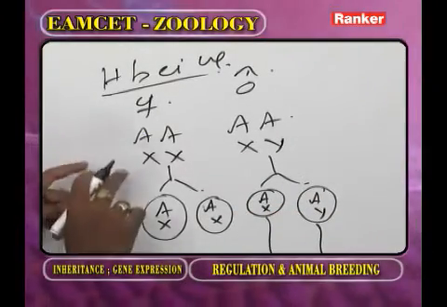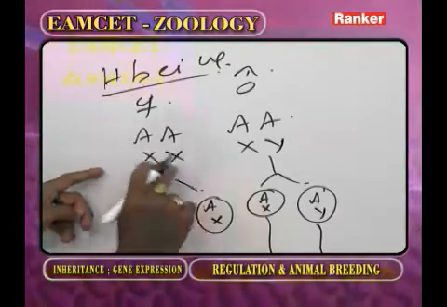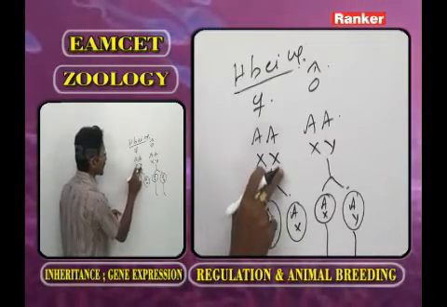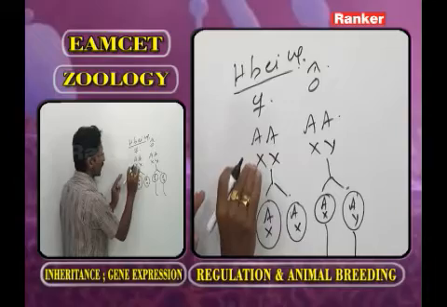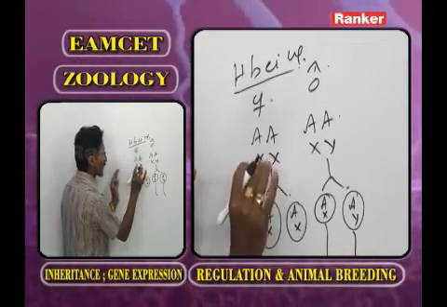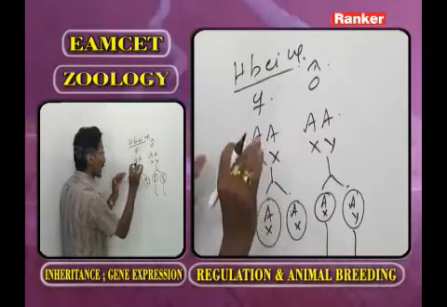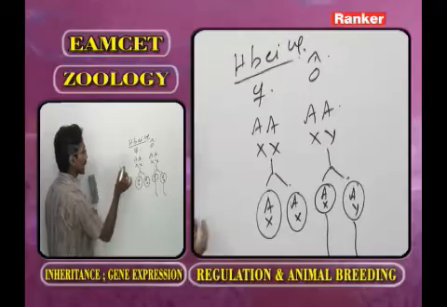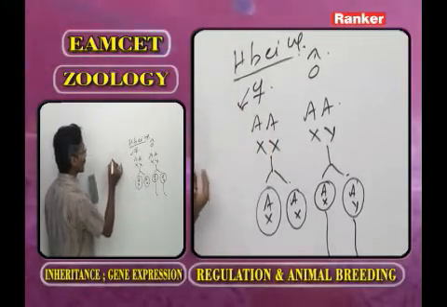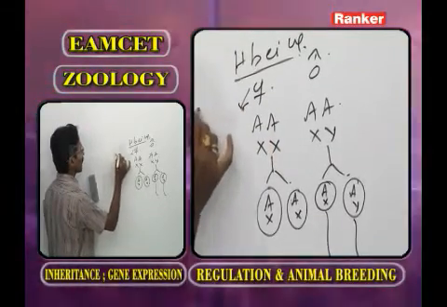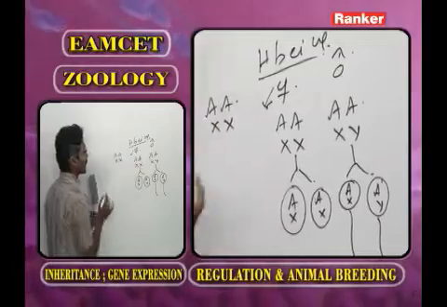Sometimes at the time of formation of gametes, the sex chromosomes are not separated in a correct order. Then, for example, you observe the female. In female, XX.